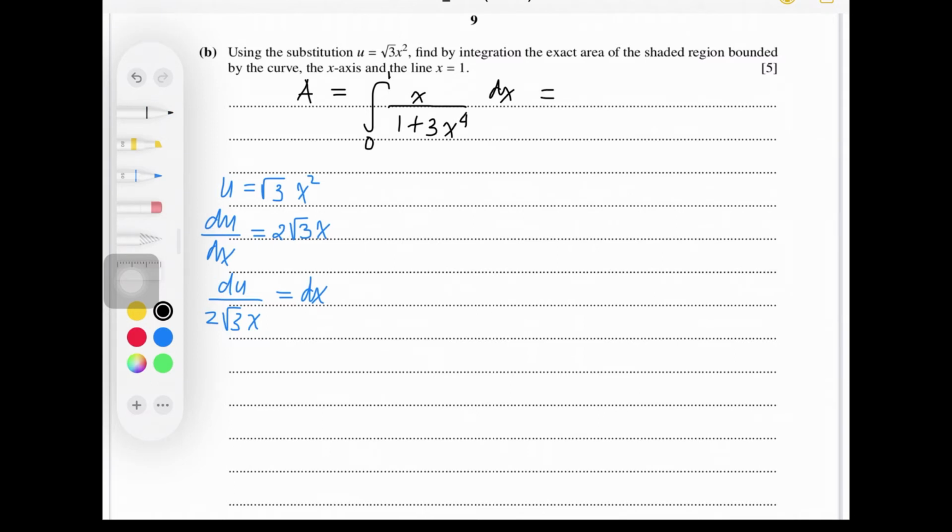So we can continue the integration here. It's the integral of x over 1 plus, since u is equal to square root of 3 x squared, then 3x to the power of 4 is the same as u squared. And then dx can be changed into du over 2 square root of 3 x, which can be simplified.